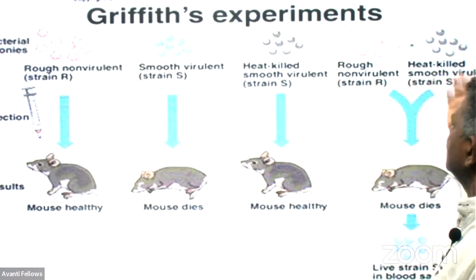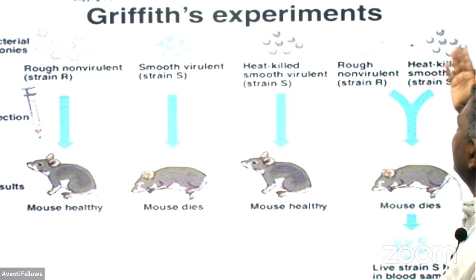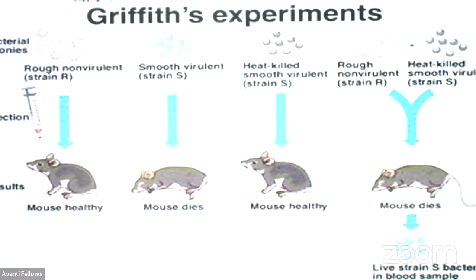He mixed the rough strain and the heat-killed smooth virulent strain and injected them into the mouse, and he found that this mouse died. He collected blood from this mouse and found living bacteria in the blood sample.